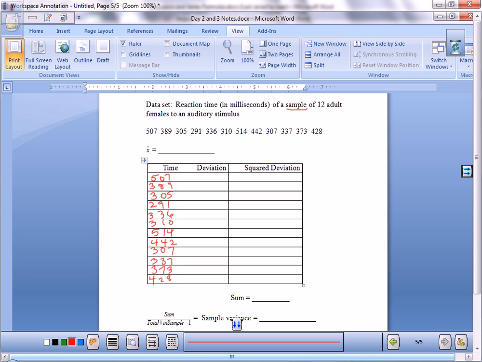And when I enter data, I always arrow back up and double check my entry so that I make sure I haven't entered anything incorrectly. Okay. Do we all have the data entered in L1?